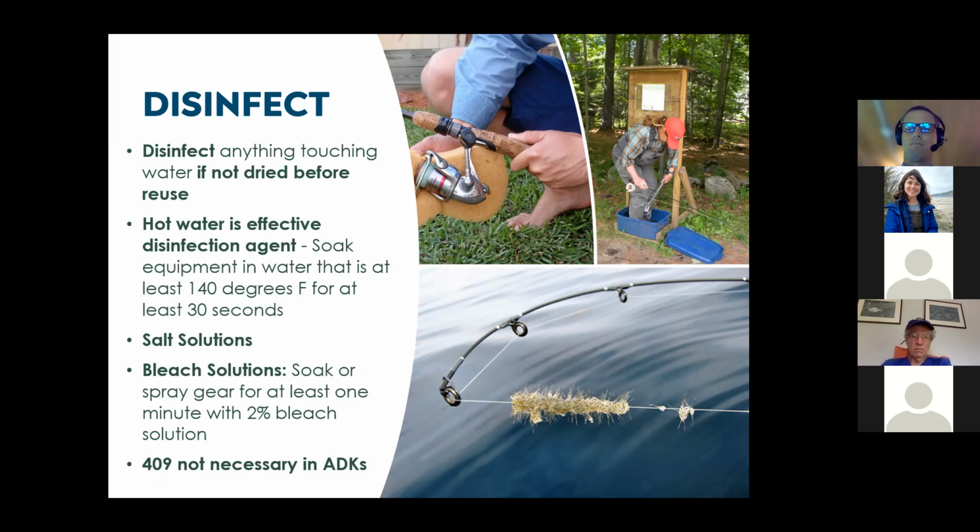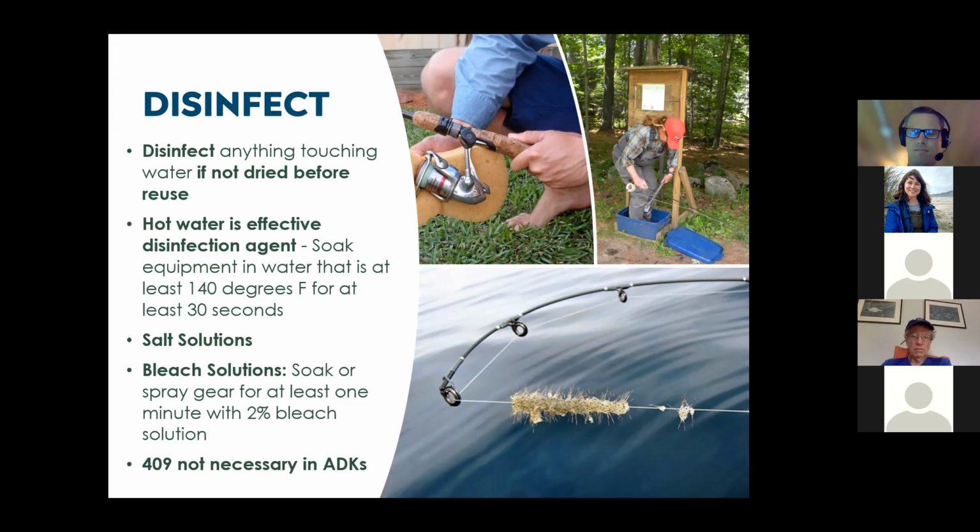If you're on the West Branch of the Ausable River, you're going to find a lot of these free wader wash stations that have a salt solution in them. So using the brushes and the salt water solution can also kill invertebrates that might be traveling on your boots, or didymo or invasive plants. So if it's visible, you can remove it.